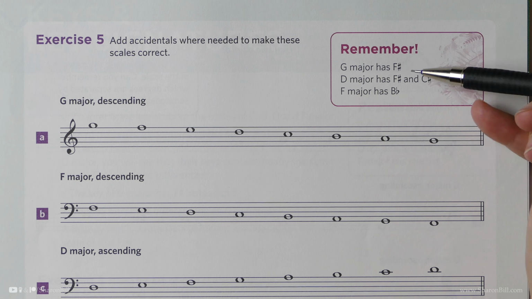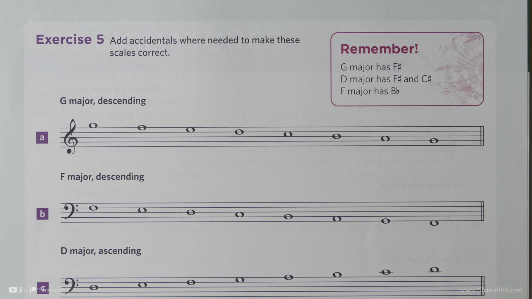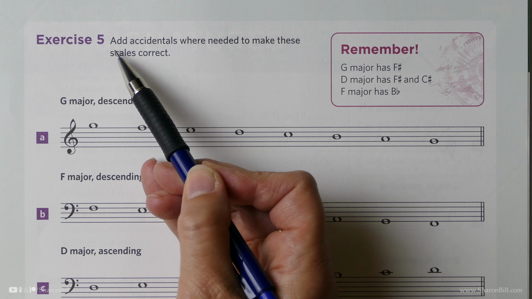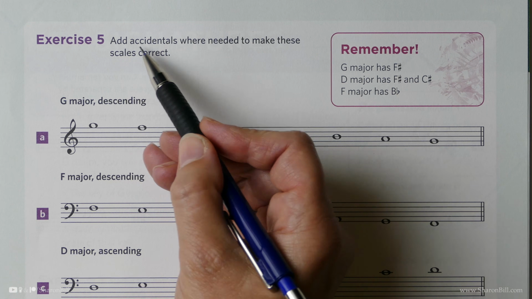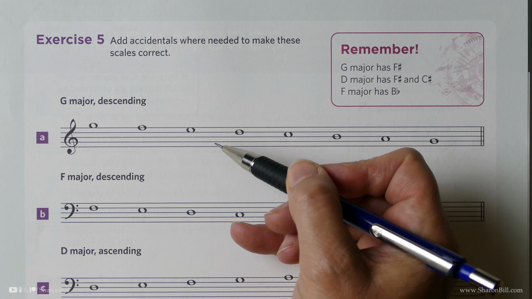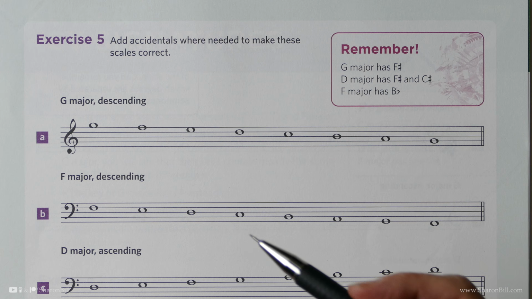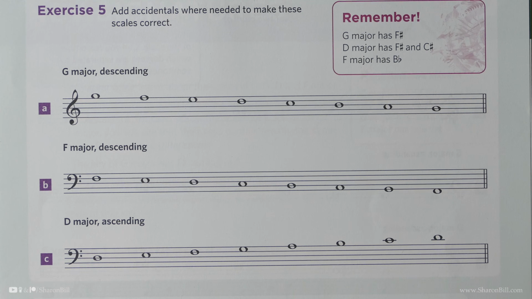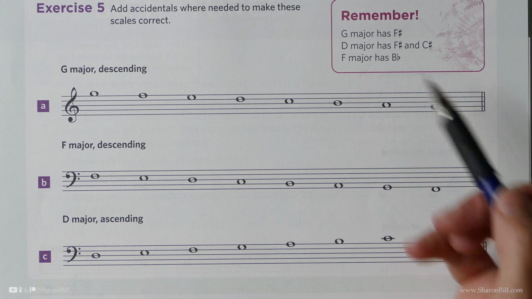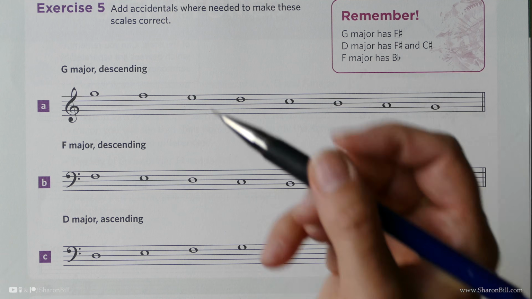So here we've got a little clue reminding us of the sharps and flats that are required. And so in exercise 5, we're asked to add accidentals. That means sharps or flats next to the notes required in order to make these scales correct. And so G major, we know, requires an F sharp, but we've got to be careful to place that correctly.